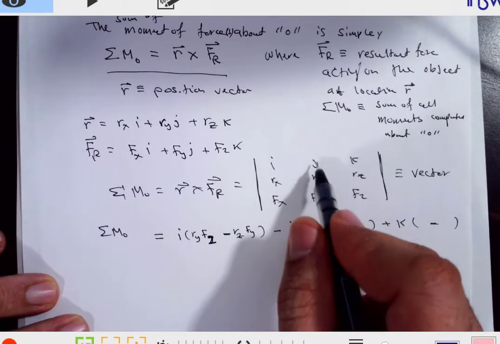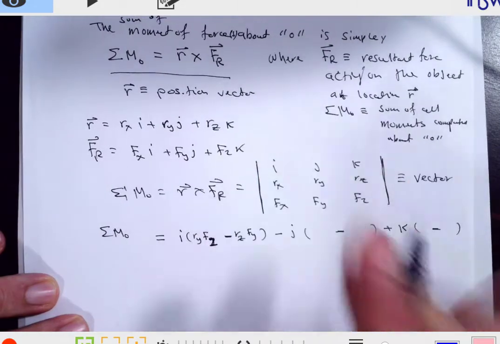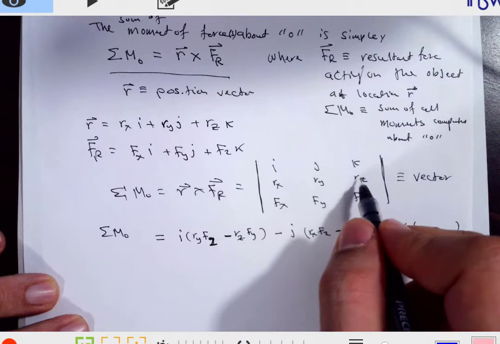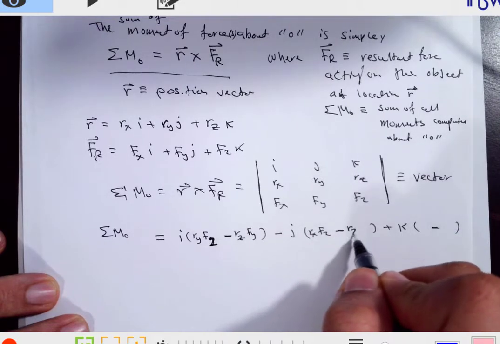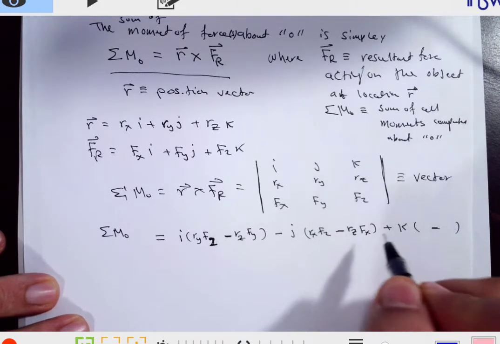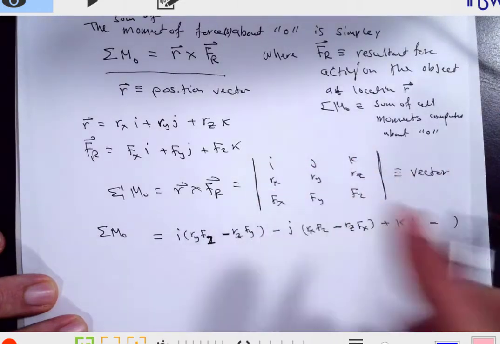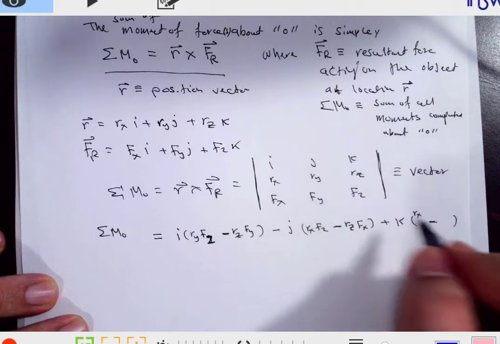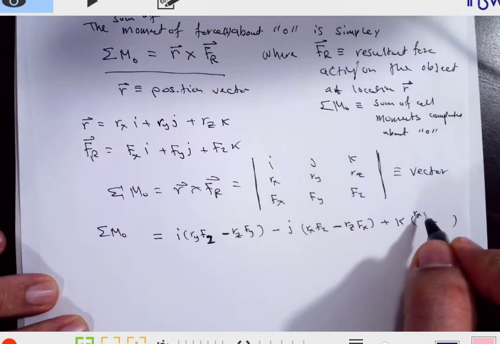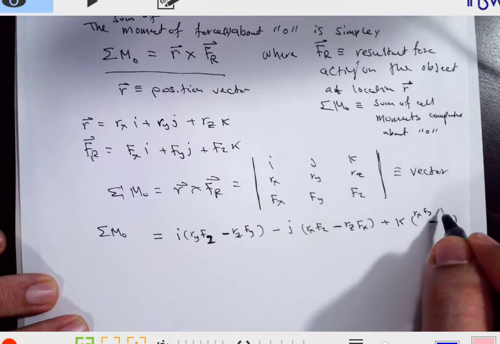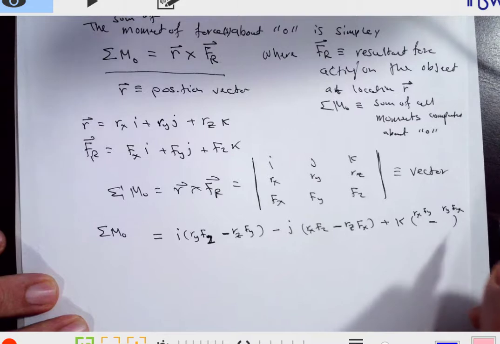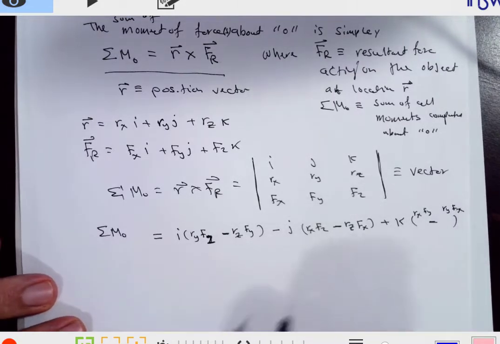For the j, Rx Fz minus Rz Fx, and the last one is Rx Fy minus Ry Fx. Right? So this is the vector.